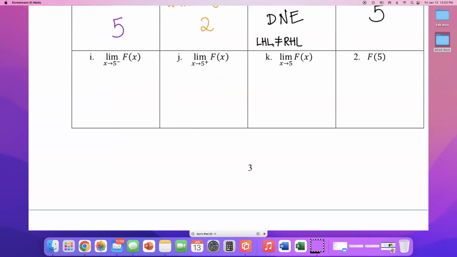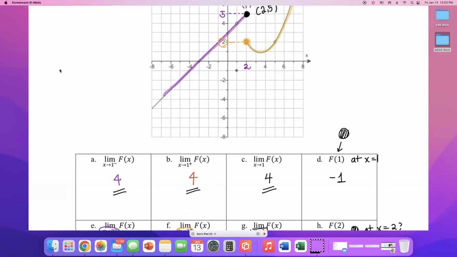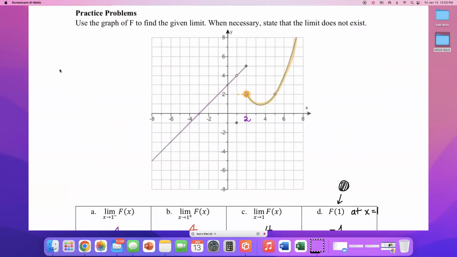Let's go with the third set on the bottom row. So this one right here is asking us to find the limit as x approaches 5 from the left. Okay, so let me go ahead and erase some colors right here. So where's the 5 that we're interested in? Here is 5.